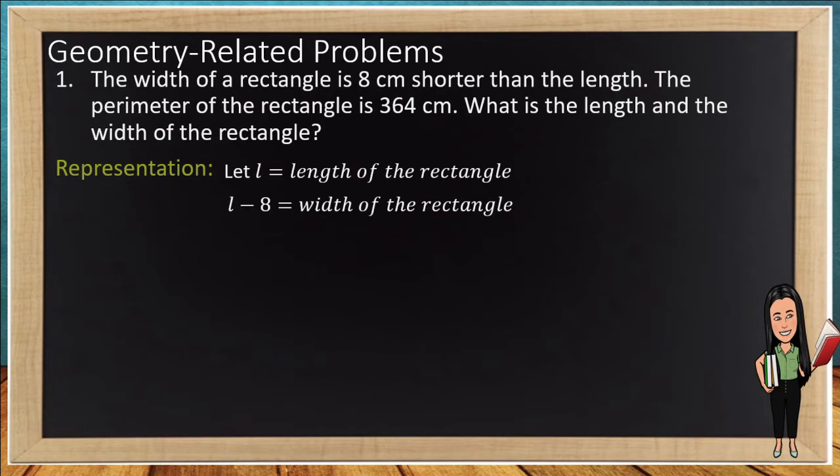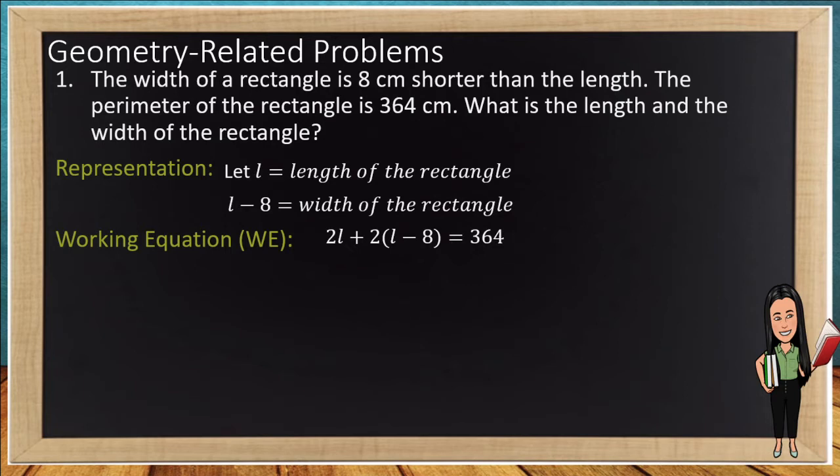Okay, and then in determining the working equation, we use the perimeter, formula ng perimeter. Dahil yan ay rectangle, formula is 2 length plus 2 width. Using the formula, we have 2L plus 2 times L minus 8 is equal to 364, which is our given perimeter.